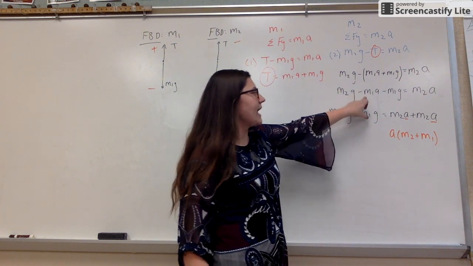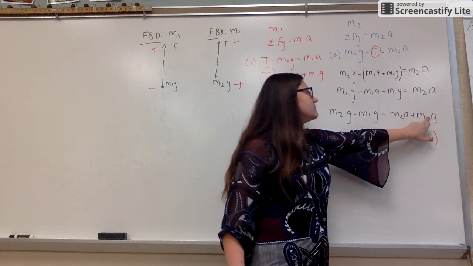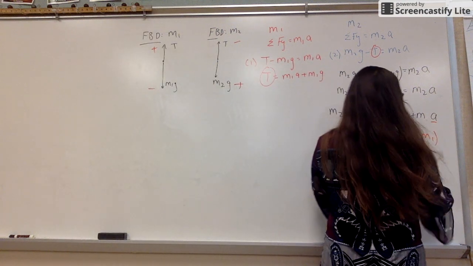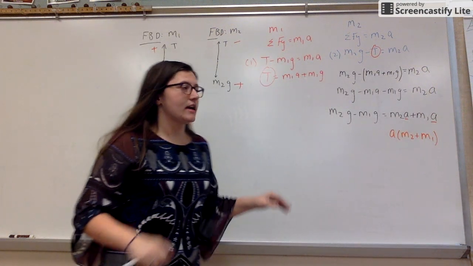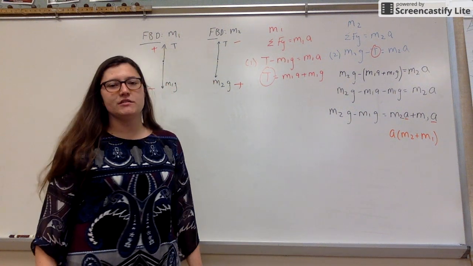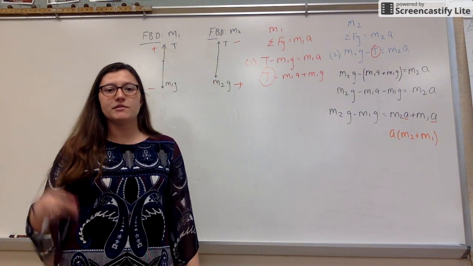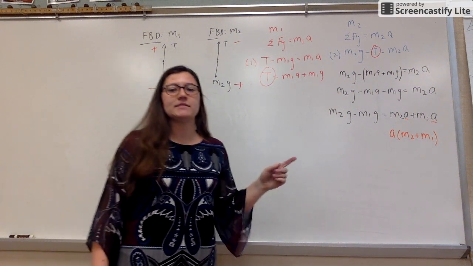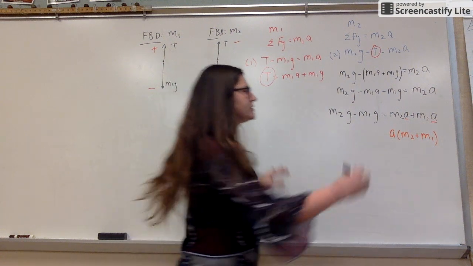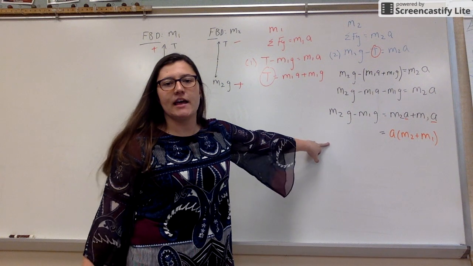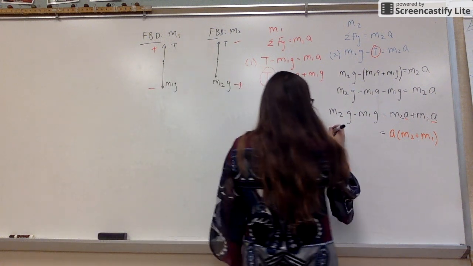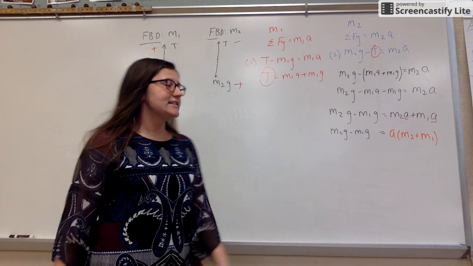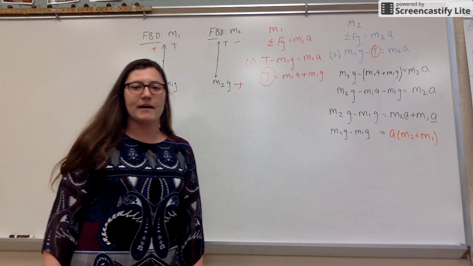As you see here, I added this to the other side. It should be M1. I changed it to M2 because I moved it to the other side, so make sure you go back and correct that. So last line: M2G minus M1G is equal to M2A plus M1A. You factor out the A, so it's going to be A times M1 plus M2, equal to everything we have on the left side. We're going to divide both sides by the sum of M2 plus M1 to get A by itself.